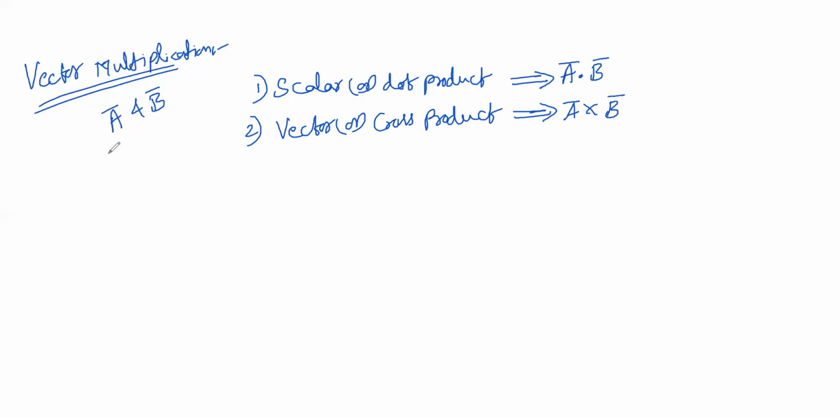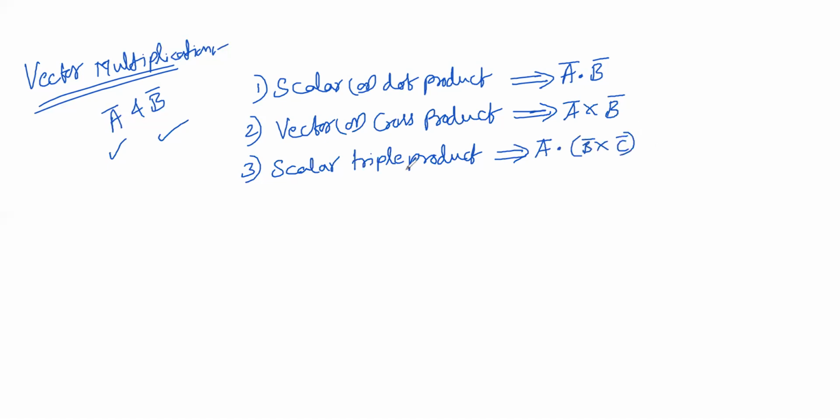The notation is A bar cross B bar. We have been taking these two vectors only. Then the third type is the scalar triple product, with the notation A bar dot B bar cross C bar. For these two types of multiplication, two vectors are sufficient to multiply.